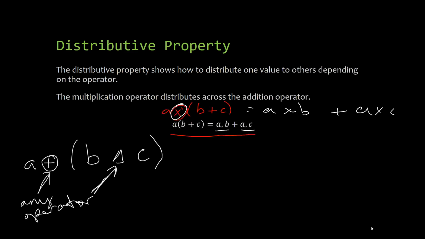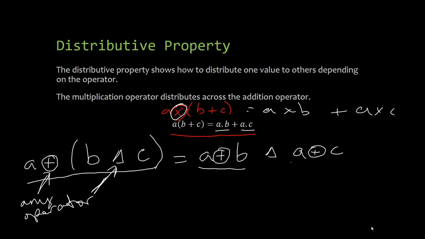Alright, so A operating on open bracket B operating on C is equivalent to A operating on B operating on A operating on C. So if it is distributive, then this here should hold.